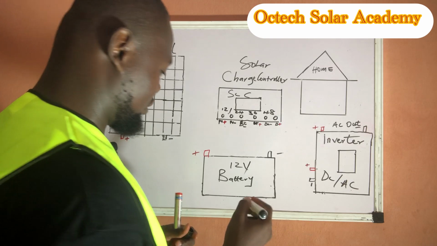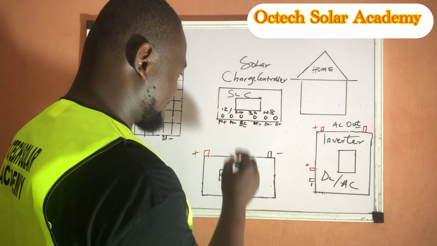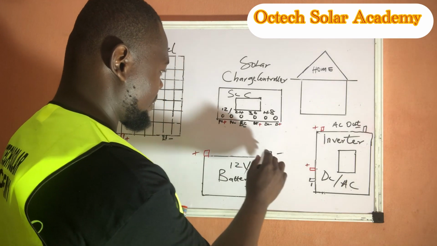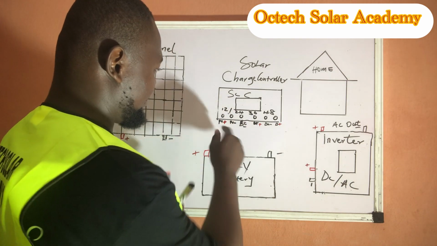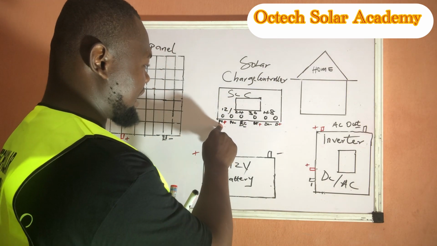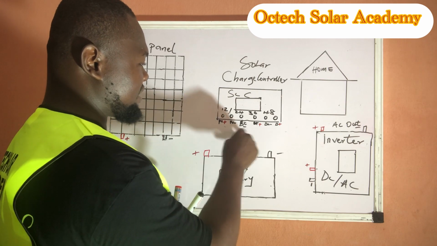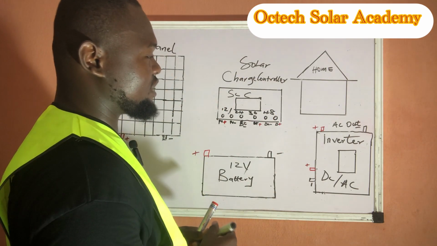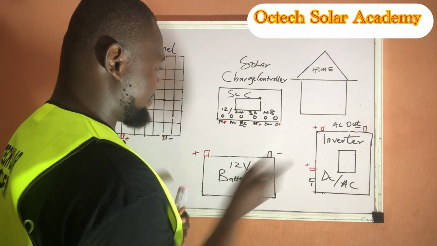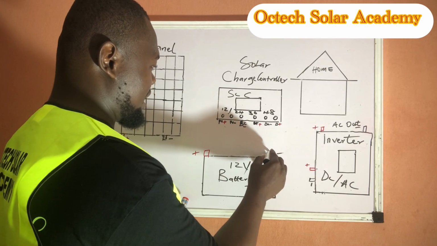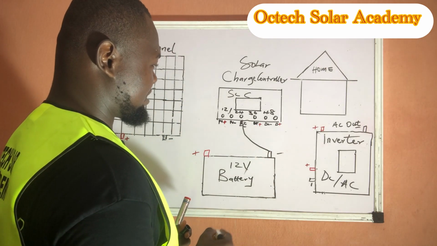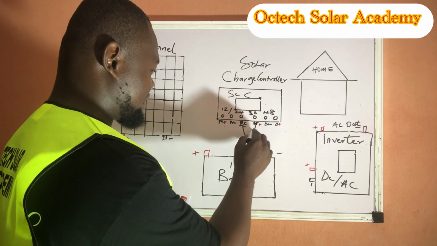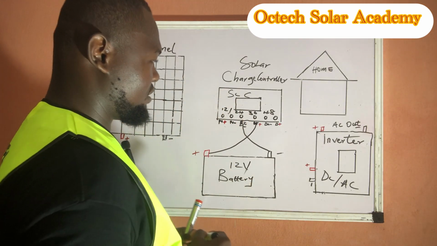So we want to do our connection. First of all, we'll connect our battery. Here, we have our PV, photovoltaic, that is for panel, BT is for the battery, and this is for our DC load. Since we are connecting to the battery, we connect negative to negative and positive to positive.